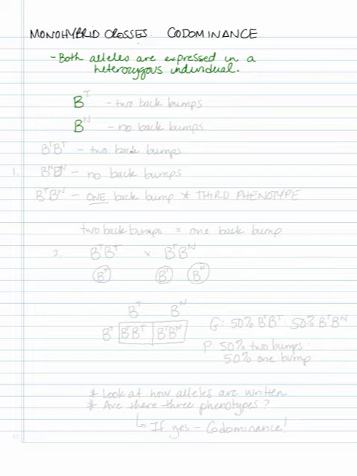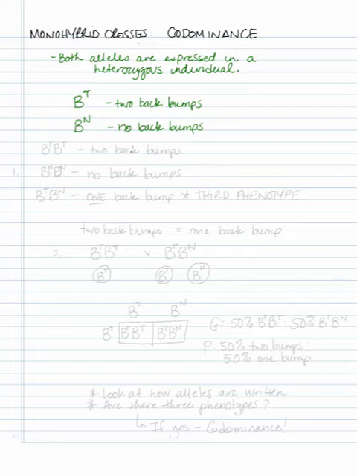But in order to distinguish the allele that coded for two back bumps and the allele that codes for no back bumps, we would use a superscript. So maybe what I'll do here is do a B with a T for two and a B with an N for no back bumps.